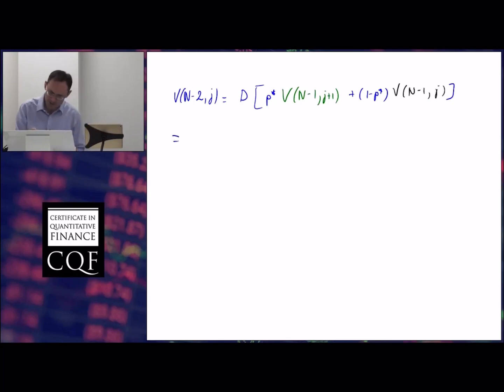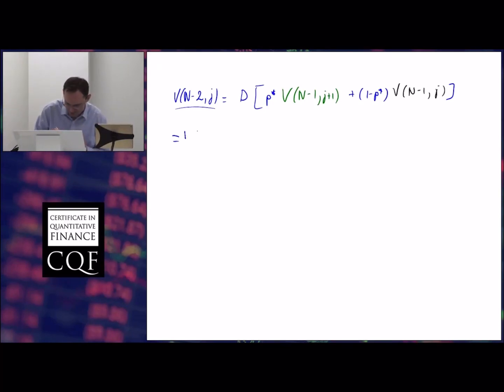So we're going to plug in the one-period binomial model so that now we've got a formula that is directly in terms of the payoff at time n. So that's D multiplied by p star.